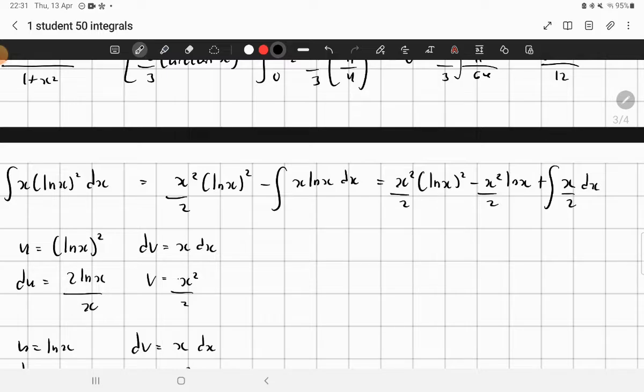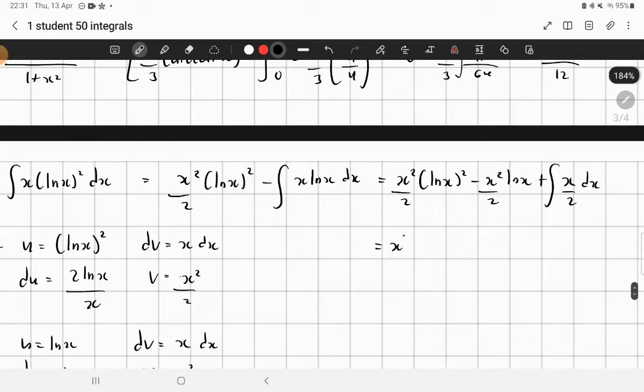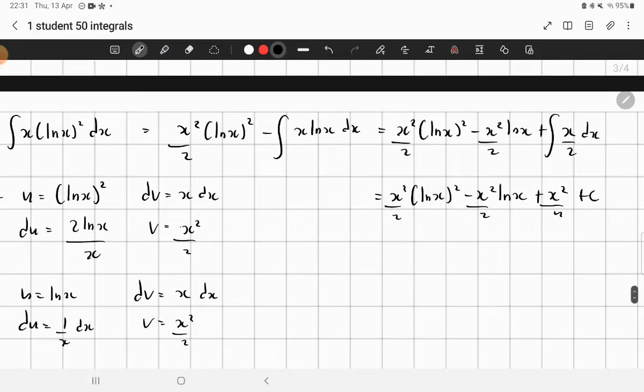So from here, you know that the resulting integral for the third term is very easy and very straightforward. So x squared over 2 ln of x squared minus x squared over 2 ln of x, and then plus x squared over 4 plus c. So you could factorize x squared over 4 to get x squared over 4 times 2 ln of x squared minus 2 ln of x plus 1, plus c.